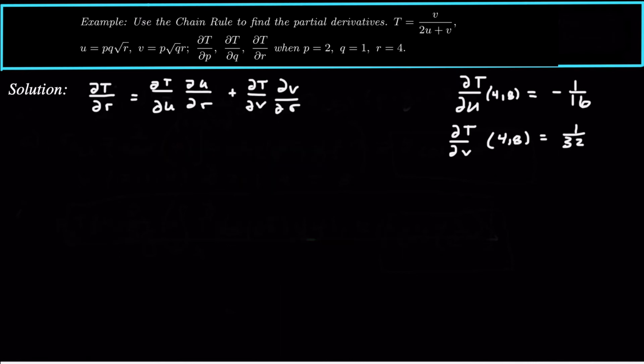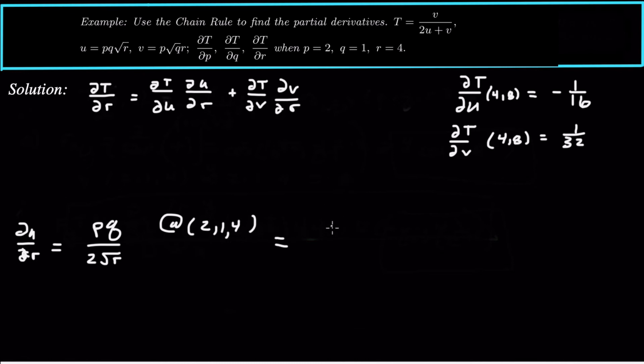So now you've got the process. We've done it twice. Let's do it one more time. Let's see, partial u partial r is going to be equal to p times q over 2 square roots of r. So just differentiating that with respect to r. And now again, we want to evaluate at the point 2, 1, 4.